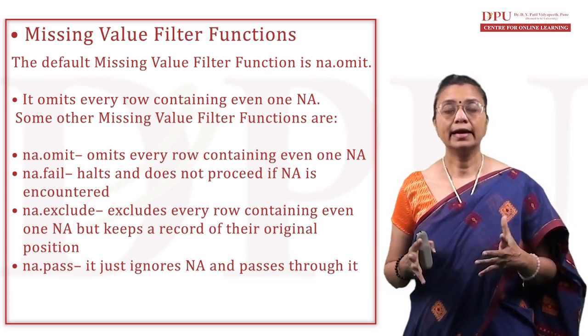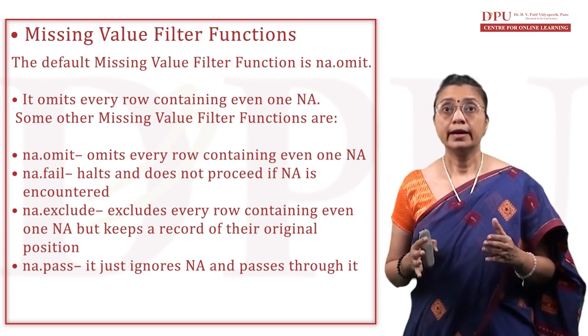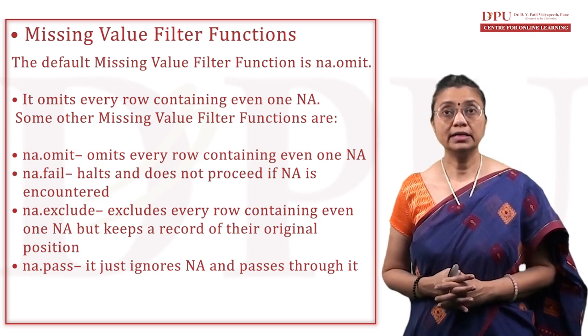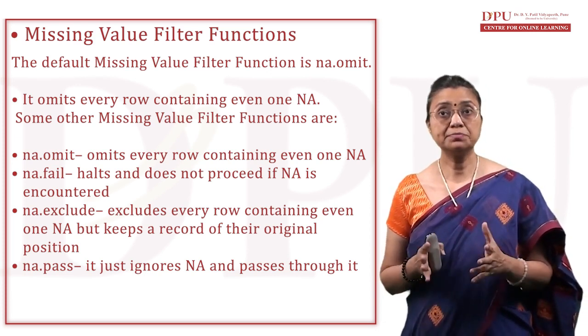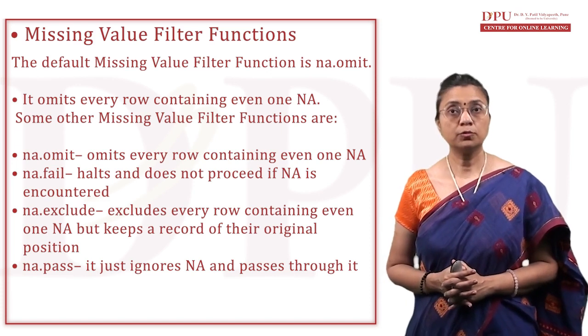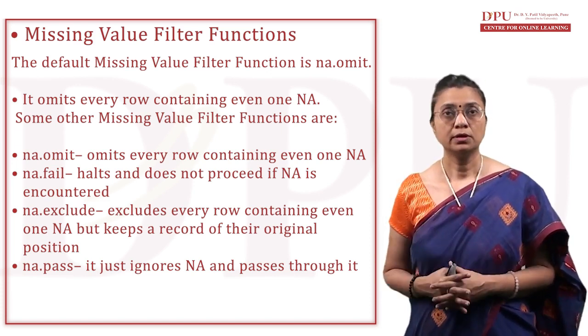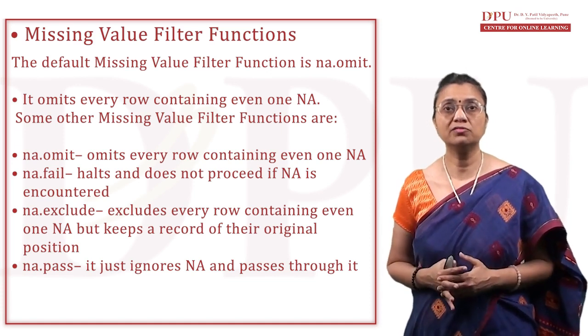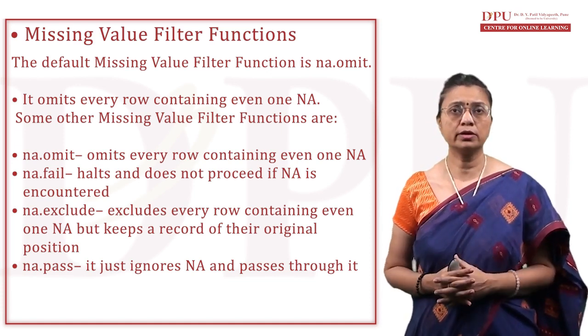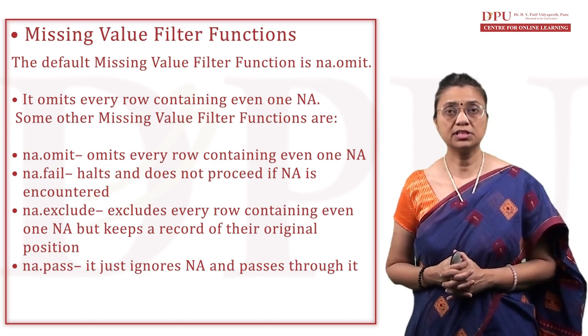Next, we have na.exclude. It excludes every row containing even one NA, but keeps a record of their original position. So this is a better version of na.omit, because in na.omit, we were omitting every record containing even a single NA.